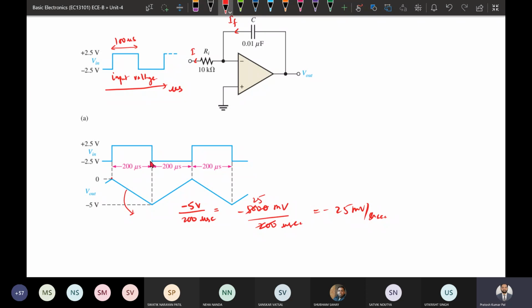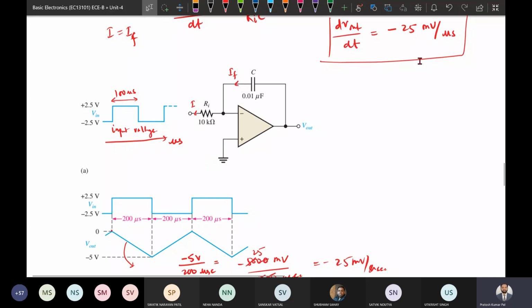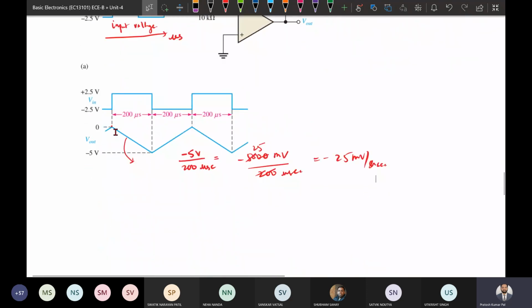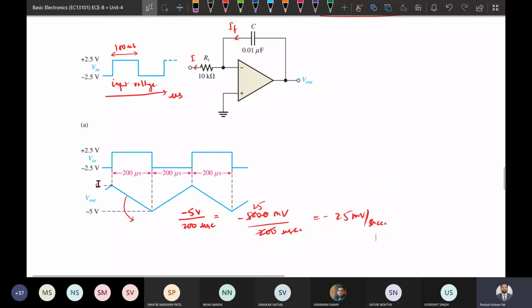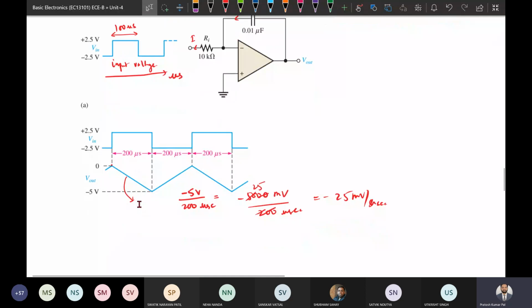For 200 microsecond, we will be getting the slope minus 25 millivolt per microsecond. Okay, so this is how the slope will be defined. So the output waveform that we will be getting is in this way, like that.